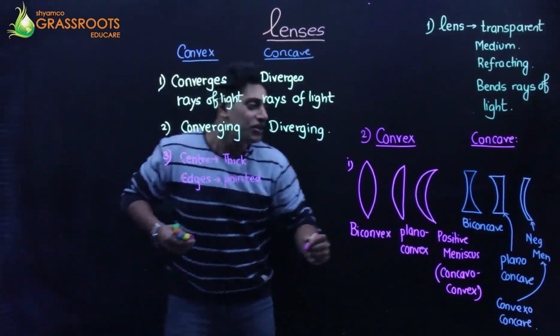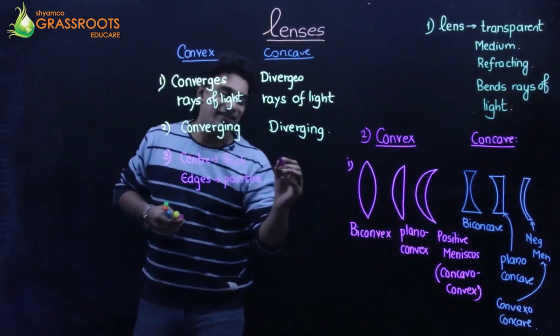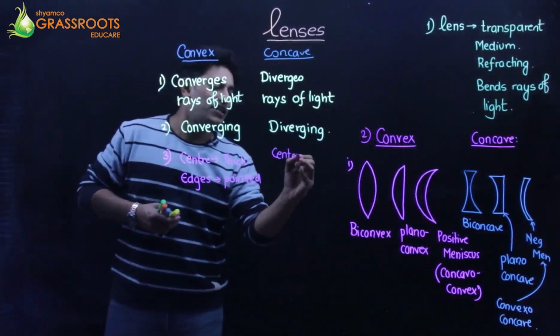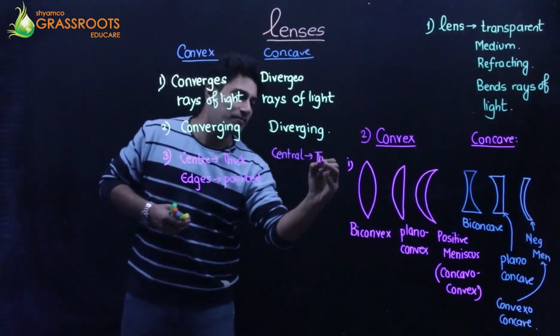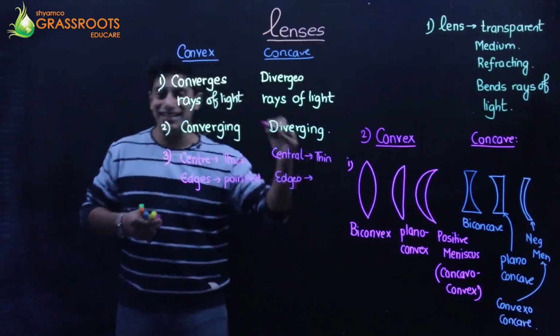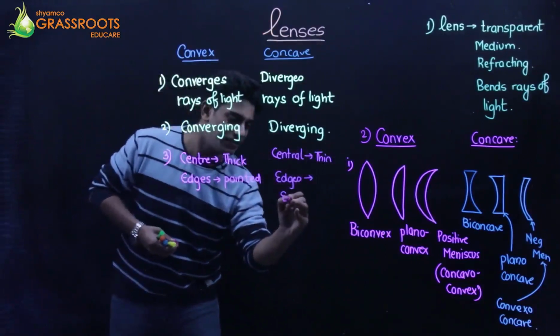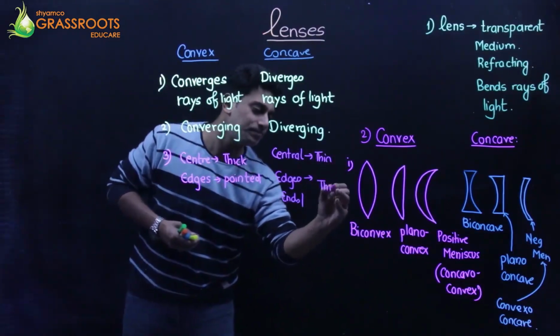Concave देखो, concave का center thin है और edges are thick. So I can say the central portion of a concave lens is thin and the ends are flat, they are thick.